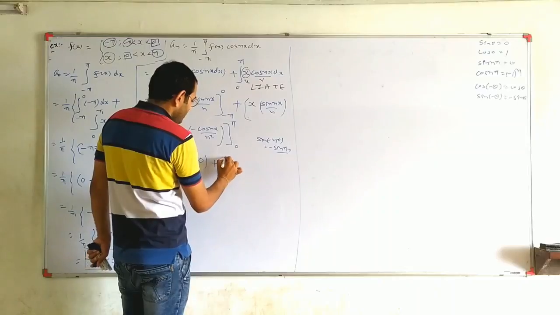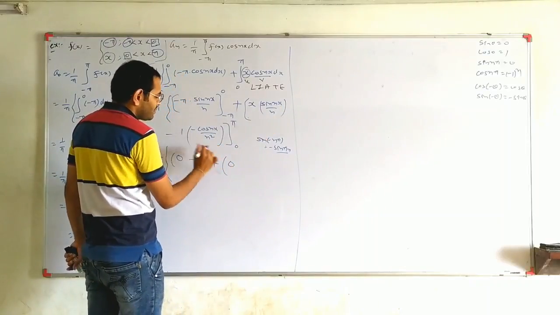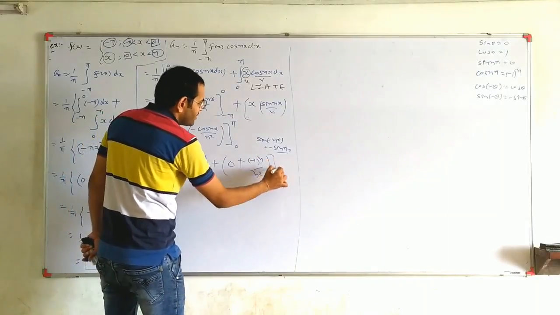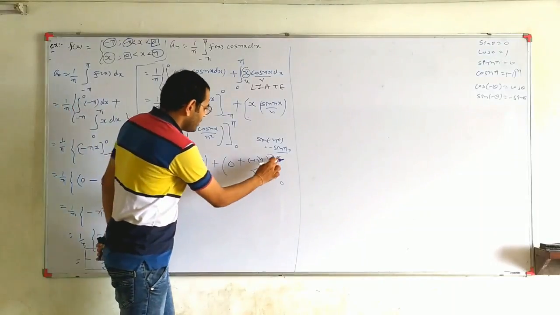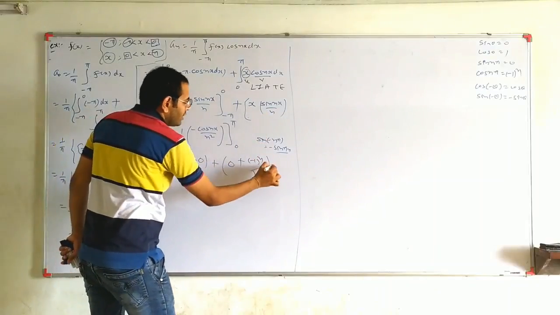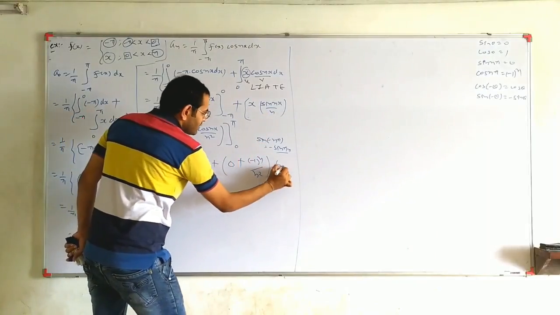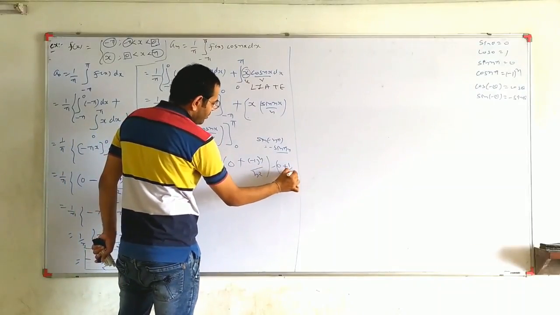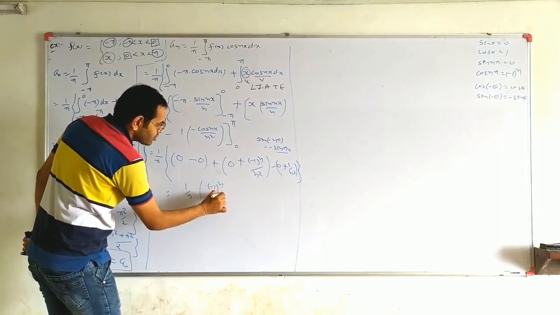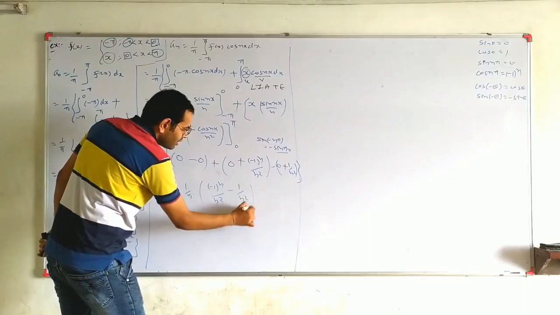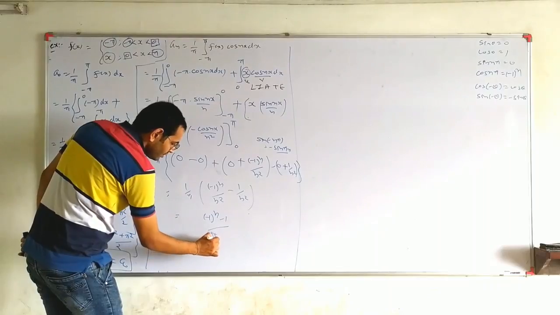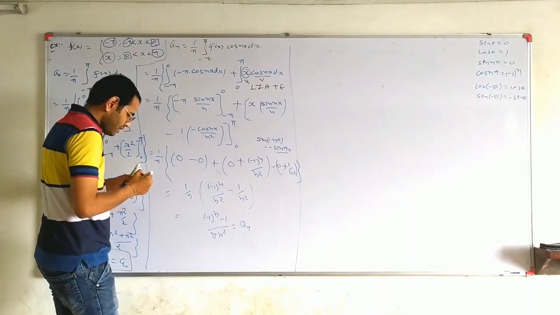Plus here, pi sin n pi is 0, minus minus plus cos n pi, minus 1 raised to n upon n square, upper limit minus lower limit: 0 into anything is 0, minus minus plus cos 0, which is 1, upon n square. Then we get 1 upon pi, minus 1 raised to n upon n square minus 1 upon n square. Taking LCM, we get the expression with pi into n square in the denominator. That is the value of an.